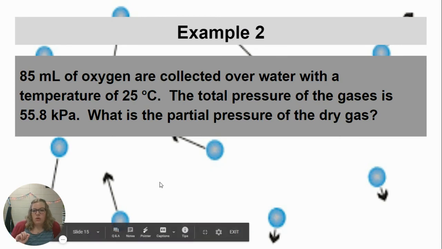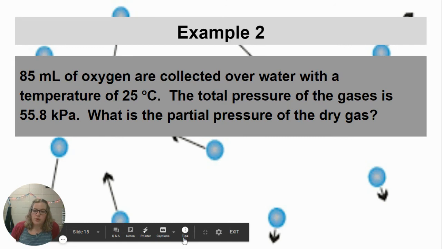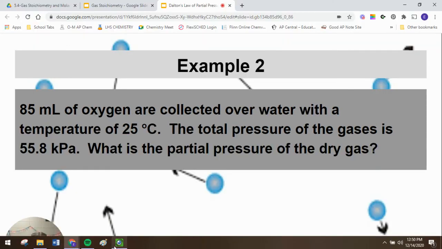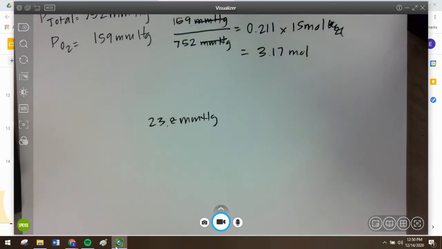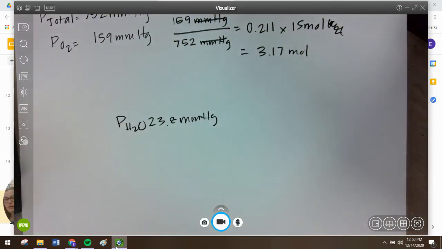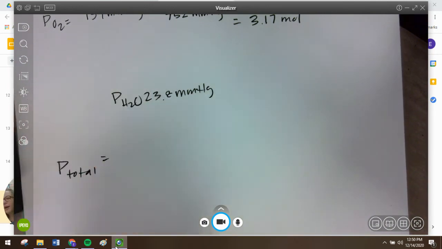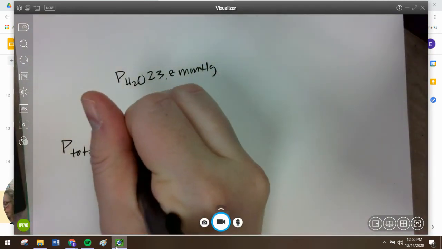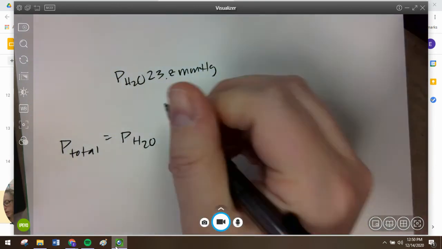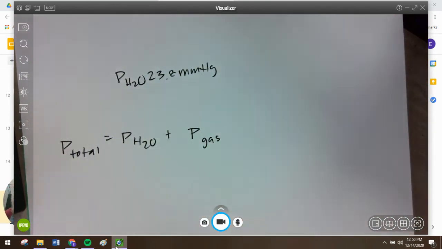Okay, so total pressure is 55.8, and we're curious what the partial pressure is. That's my vapor pressure. We talked about how the total pressure of a wet gas is equal to the pressure of the water vapor plus the pressure of whatever gas is in there.